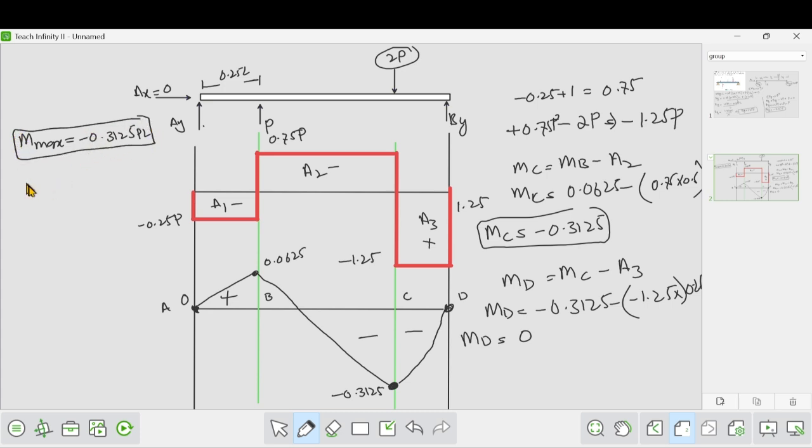And the critical shear force is negative 1.25 at this place, at 0.75L. At this place maximum moment will be created.